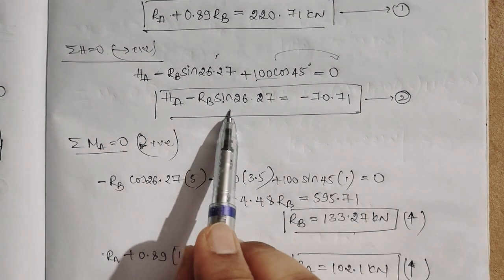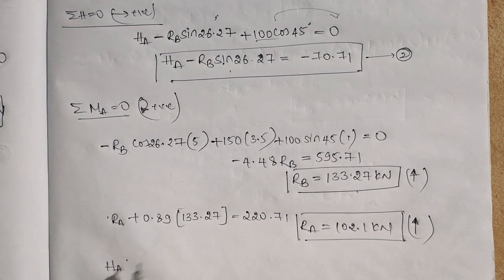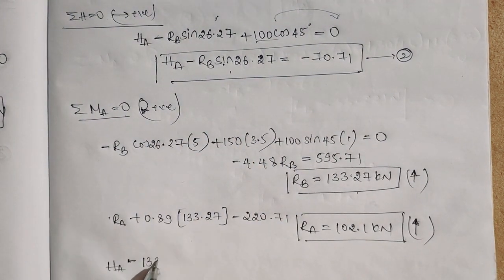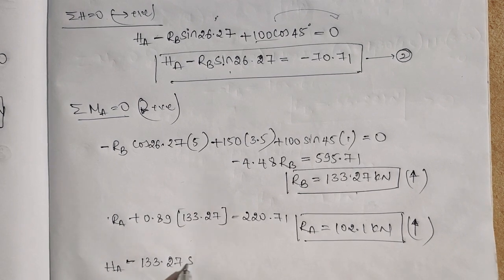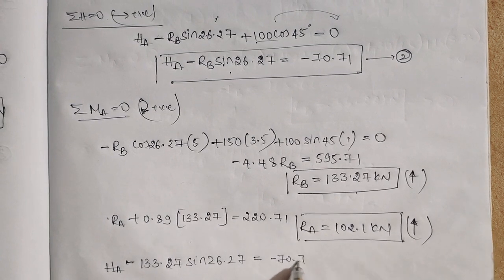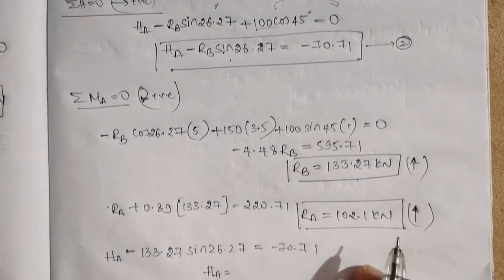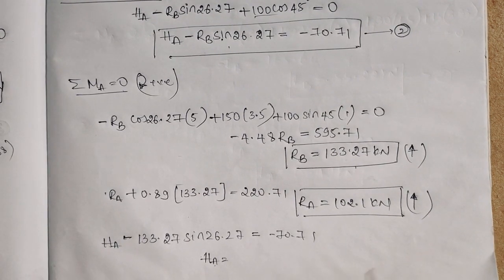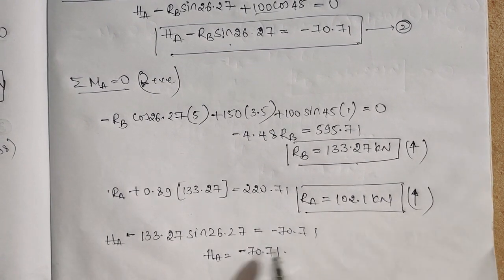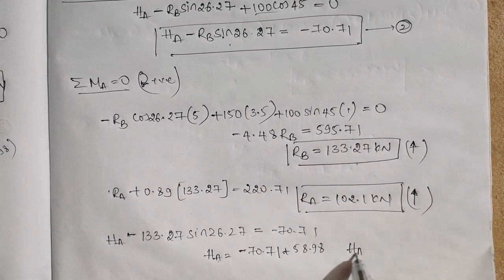What is remaining? This HA is remaining. So now substitute this HA minus RB, right? 133.27 sine 26.27 is equal to minus 70.71. So HA is minus 70.71, then plus 58.98.